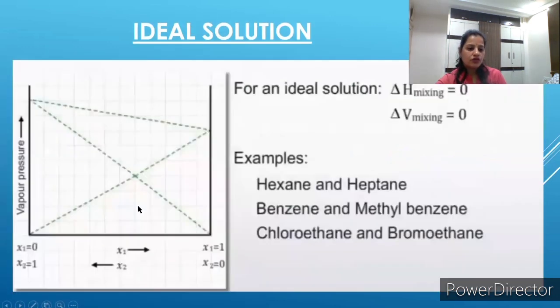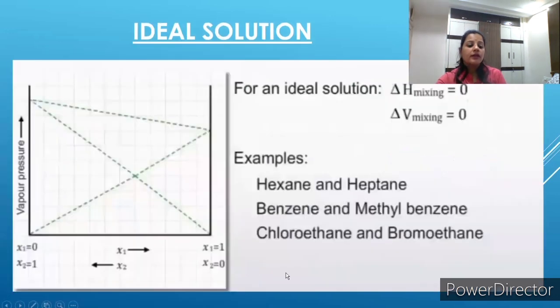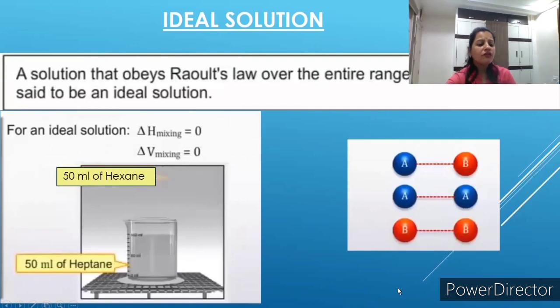Now, in this solution, what happens? There are different types of interactions present. The molecules of heptane are interacting with each other. The molecules of hexane are interacting among each other. And the third type of interaction is between the molecules of hexane and heptane.